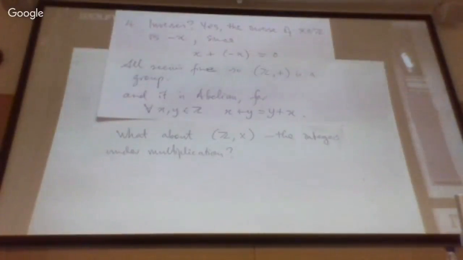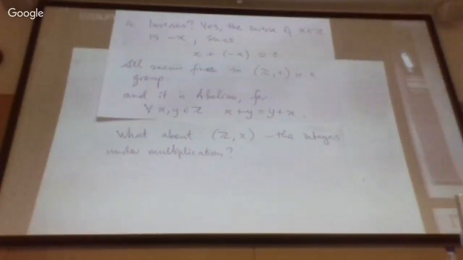Do the integers under multiplication form a group? To answer that question, you have to run through the axioms and the conditions. Sometimes people call them the group axioms, but group axioms or conditions for the definition of a group refer to the same thing.